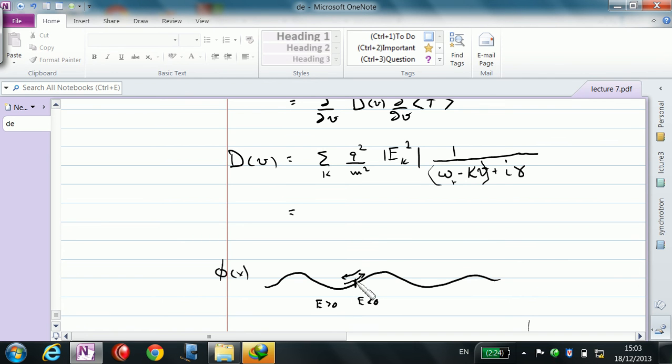Because when they were going up, they were being pushed one way, and when they were coming down, they were being pushed the other way. In one case, they lost energy. In another case, they gained energy. And if I had taken the spatial average, in any case, the imaginary part of the diffusion coefficient would vanish.